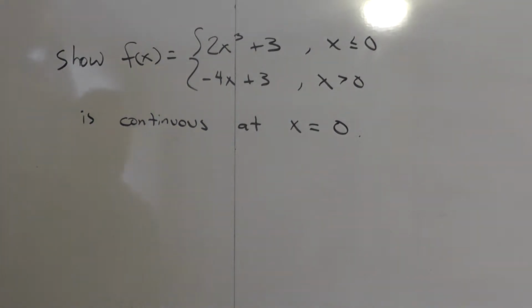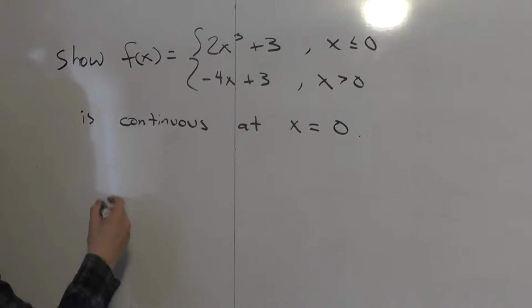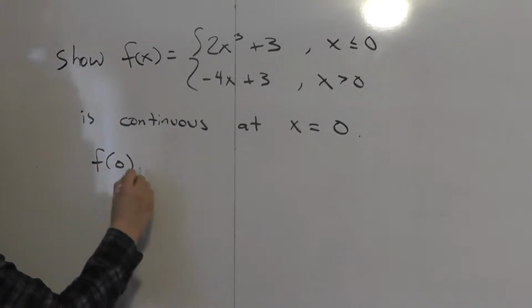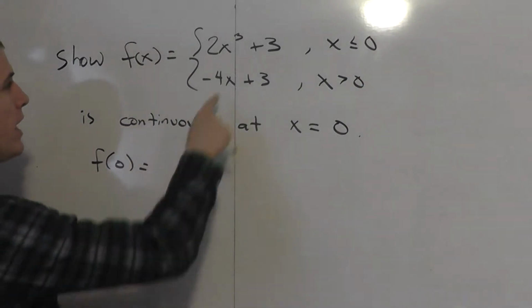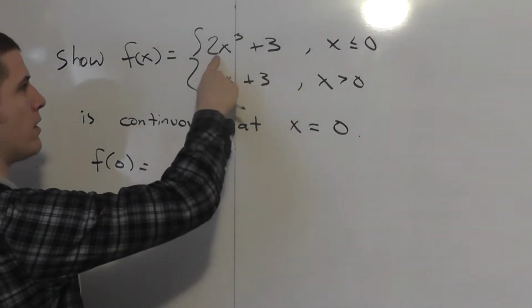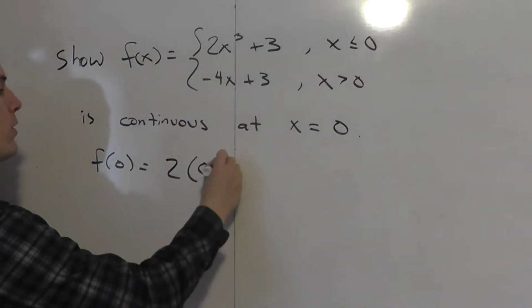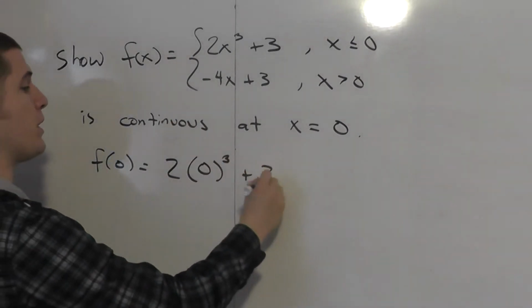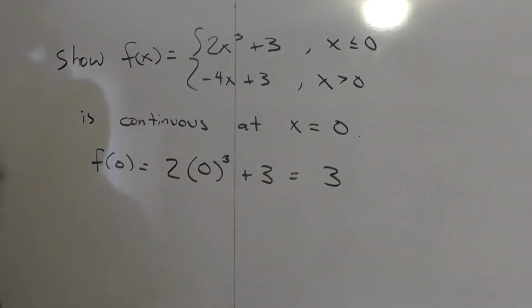We're going to do the same thing. First, let's find f of 0. Where is f defined when x is 0? F is defined this way when x is 0. So we have 2 times 0 cubed plus 3, and that's 3. So f of 0 is 3.